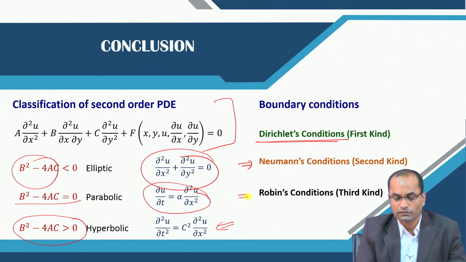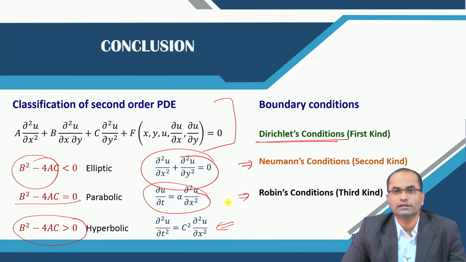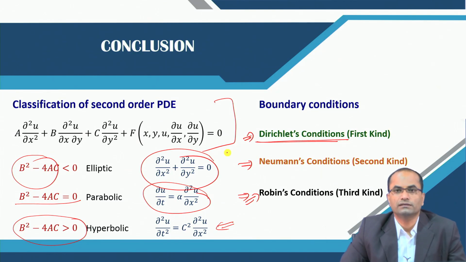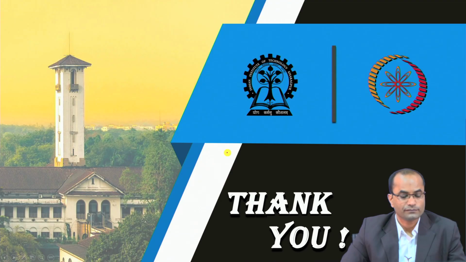The third one is the Robin's boundary condition, where the derivative of the dependent variable is prescribed in terms of the dependent variable again. So, this is the difficult one to handle from the solution point of view, and the Dirichlet conditions are the easiest one.